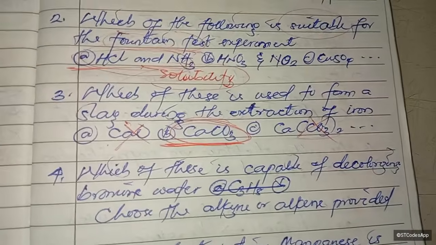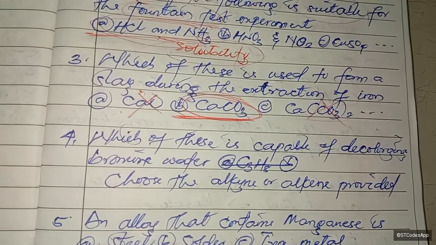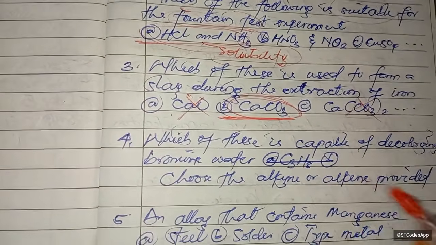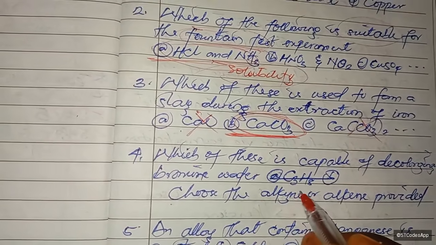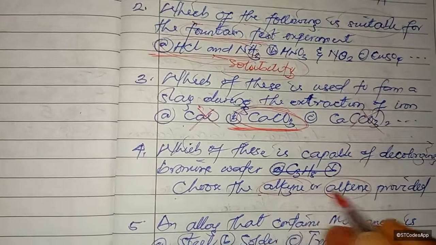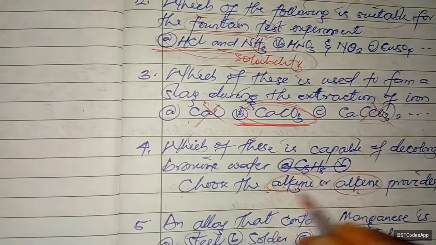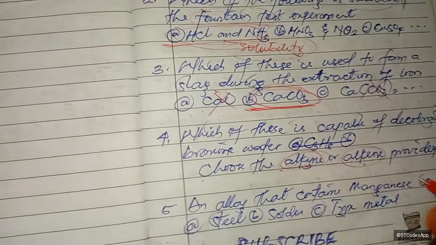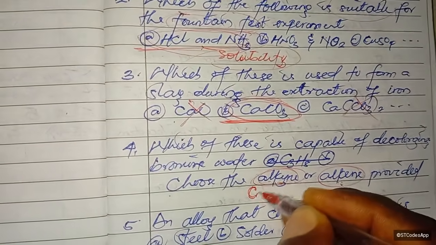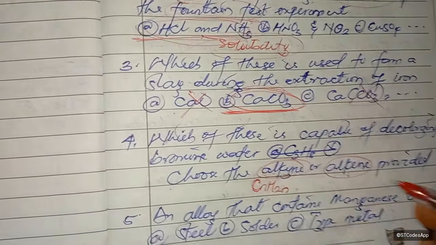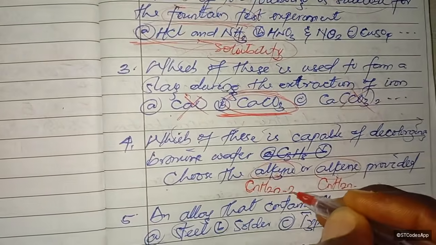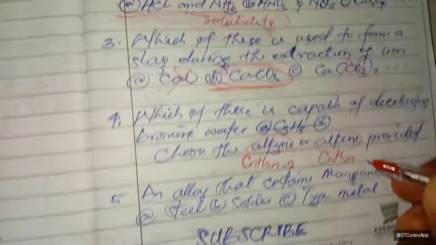Exactly. Which of these is capable of decolorizing bromine water? Now, the student did not remember the options, but he said the answer is either any alkyne that is given or any alkene that is given. Both of them will not be given. Don't forget, it will be one of them, either an alkyne or an alkene. For you to identify it, just remember the general formula: CnH2n minus 2 for alkyne and CnH2n for alkene.